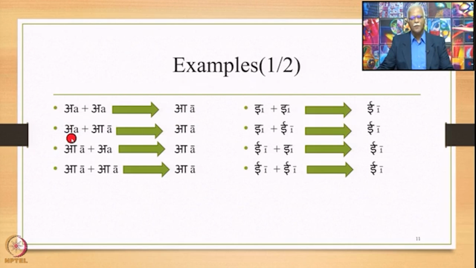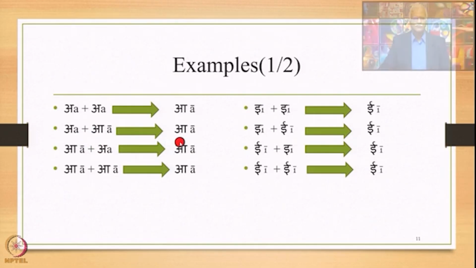Similarly, the second option is a followed by a, in the Samhita mode. See, this a is ak, this a is ach, and is also savarna to a, and therefore now 6.1.101 applies, and in place of both of them, both a and a, returns the output in the form of long vowel a.